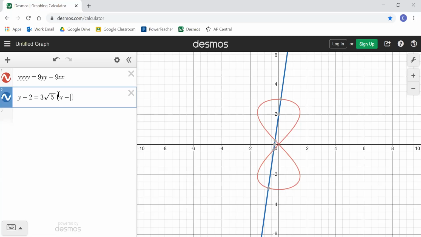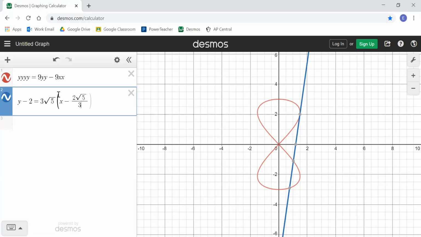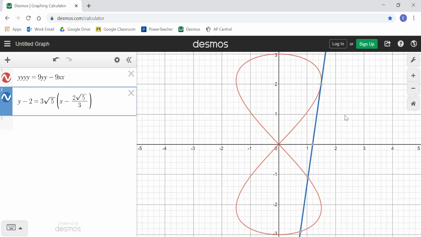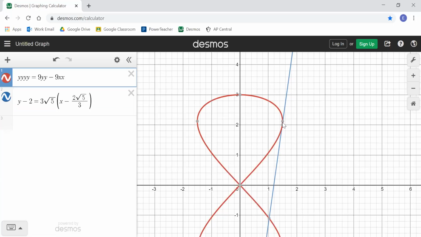Times x minus, it was 2 root 5 over 3. Is that right? Yeah, looks like it. And there it is, touching it at that point. They approximate 1.491, but it's tangent to the curve right there at that point. Good or no? Good. Spectacular.